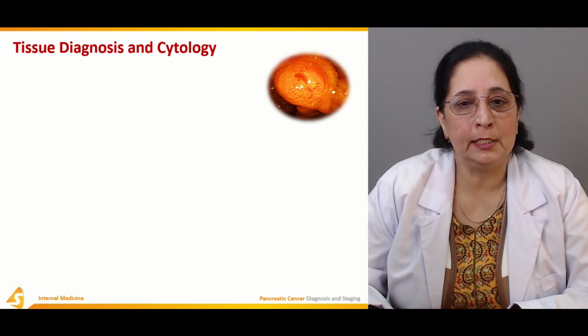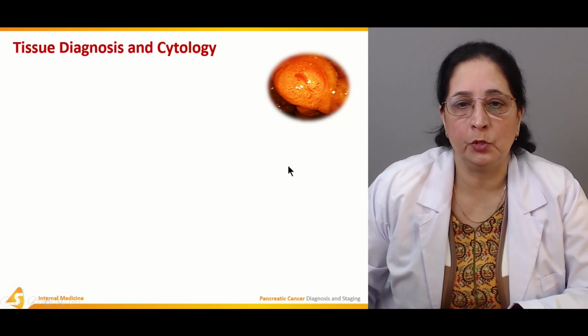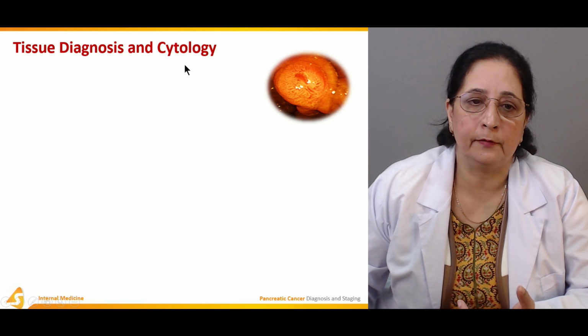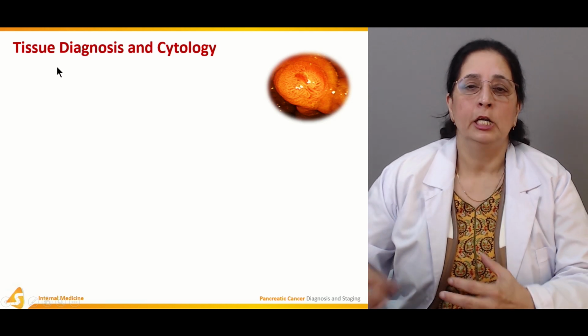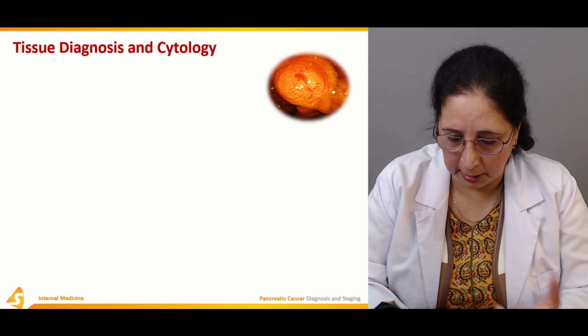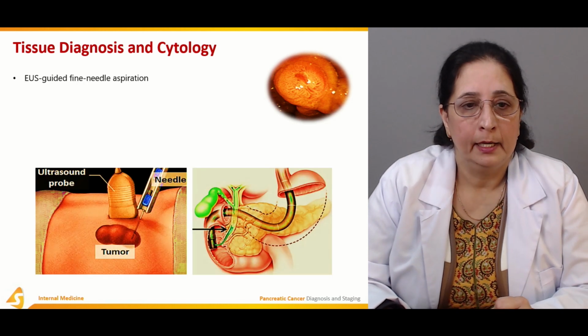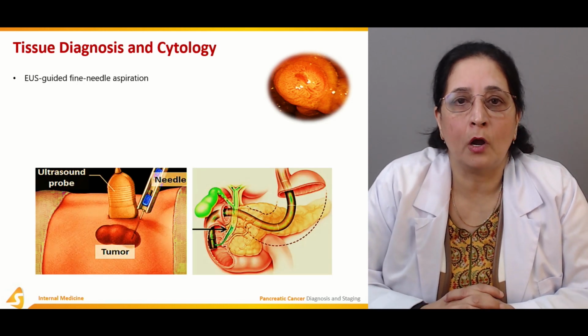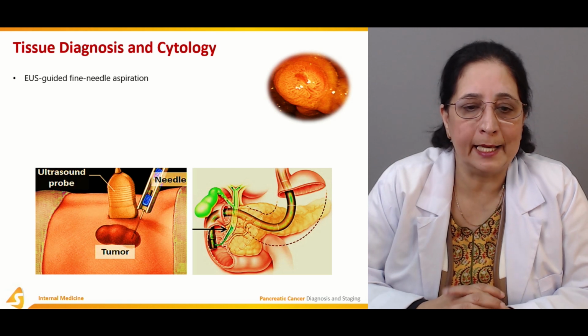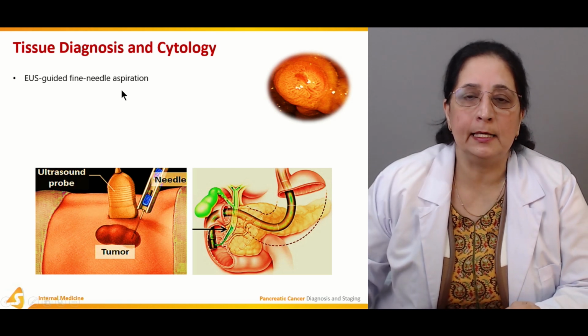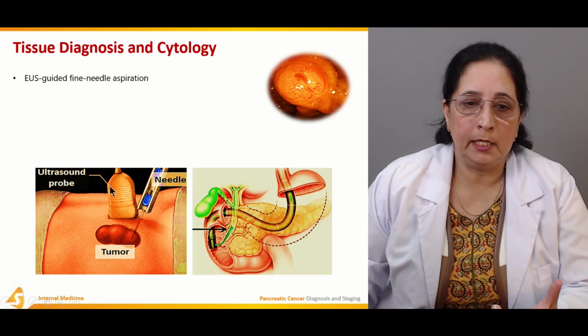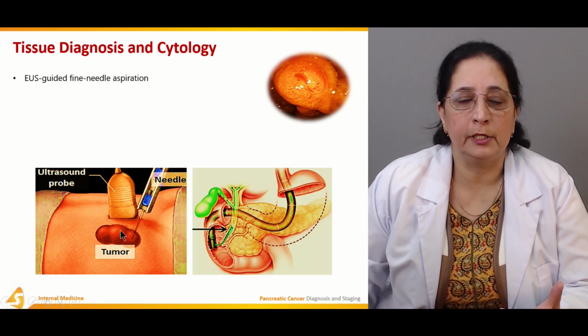Tissue diagnosis and cytology. Cyto is the cells, it's the study of the cells, and the study of the tissues is histology. Endoscopic ultrasound guided fine needle aspiration: this is the ultrasound probe, and this is the needle aspiration of the tumor.